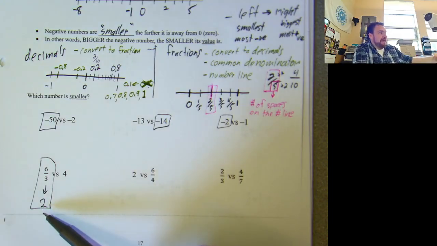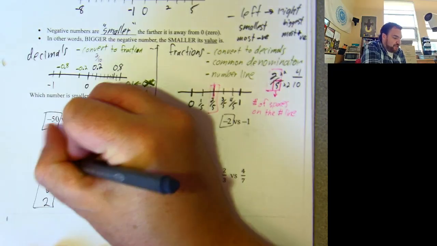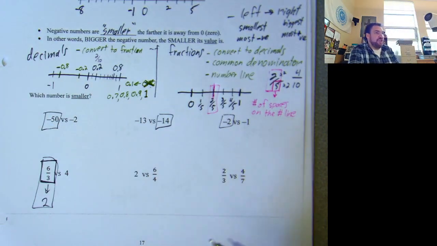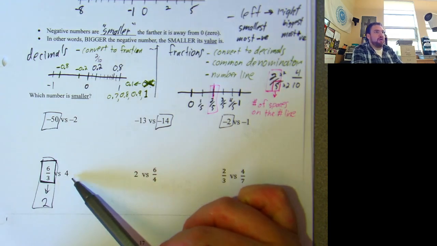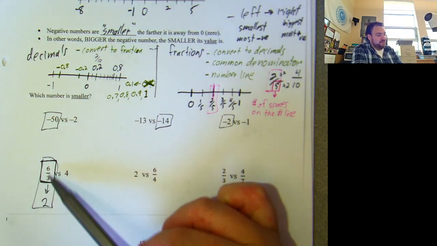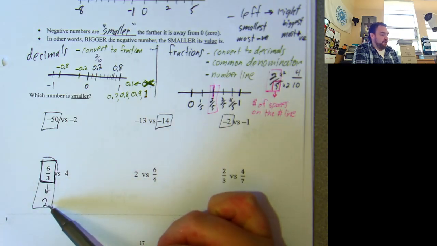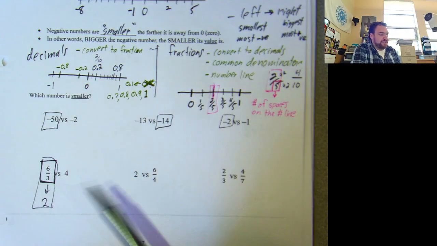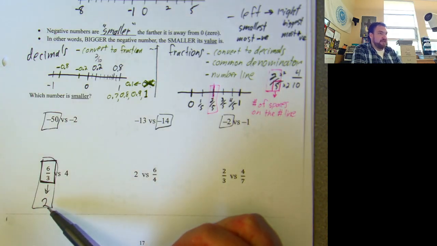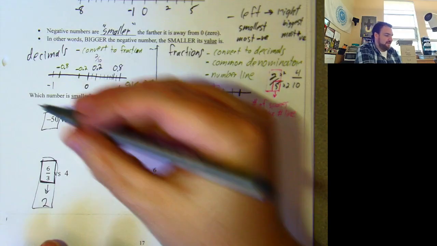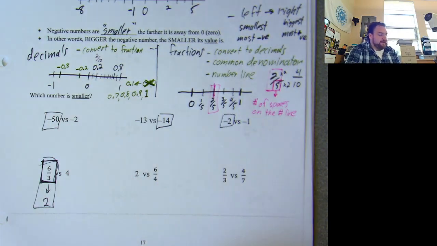I want you to go back and give me the value that you started with, because that was the question that I asked. The question says, what is smaller, 6/3 or 4? And yes, 6/3 is 2, but I don't want you to say 2. 2 is not one of the numbers I gave you to start, even though it was equivalent. So thank you for that. 6/3 is smaller than 4 for that reason.